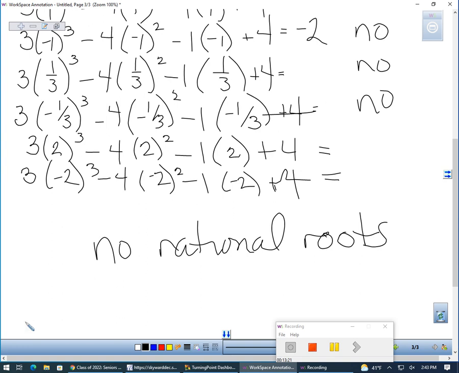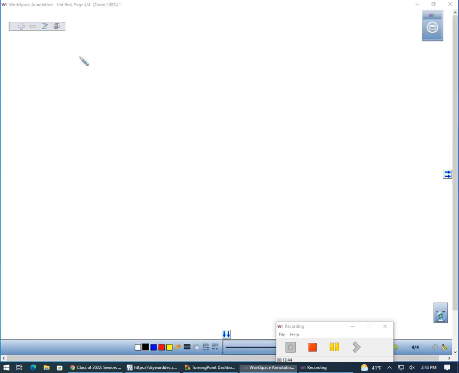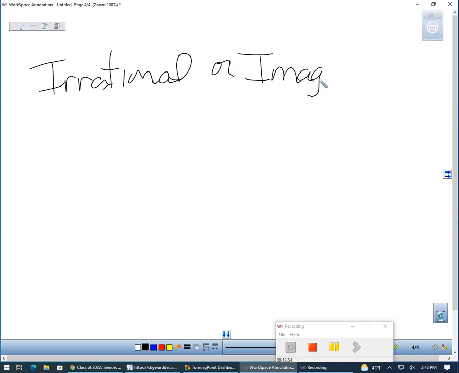Okay. All right. So now, we've been talking about rational roots, right? The next thing I want to talk about is irrational and imaginary. So, if I have an irrational root or an imaginary root, when you have one of them, you actually have 2 of them.